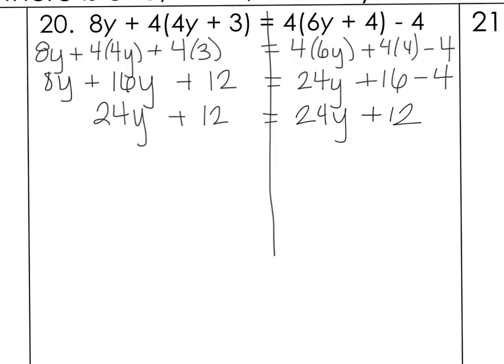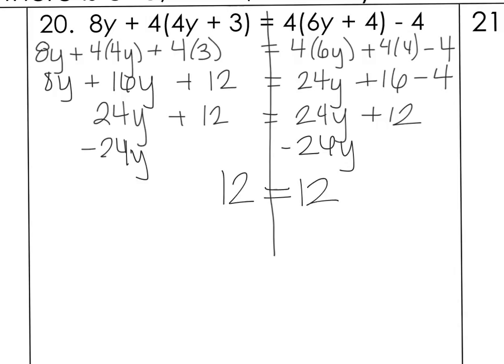We did all of that distributing, combining like terms. We have variables on both sides. So I want to subtract 24y from both sides. What do I have left? They equal each other. And if they equal each other, that means there are many solutions because both sides equal each other.